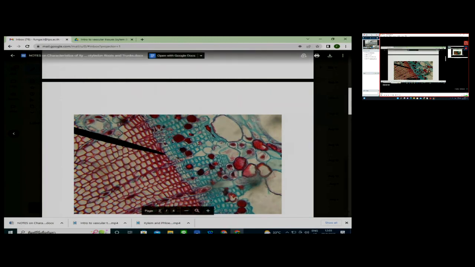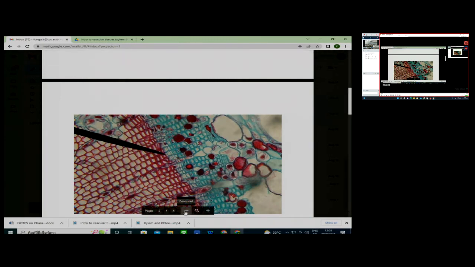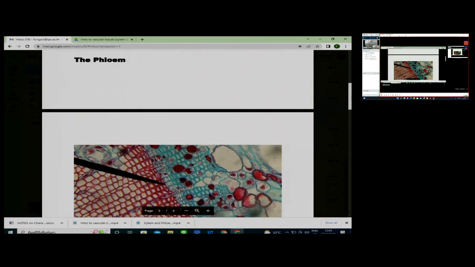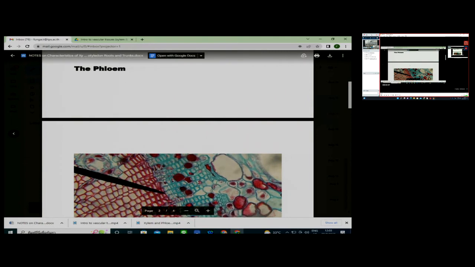Can we draw that? It's simple. Can we draw it and write phloem? In your books. Use your red and blue pen. You can draw that. Those small shells are very simple to draw.